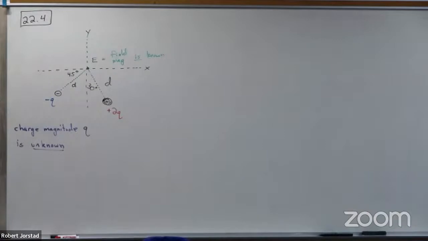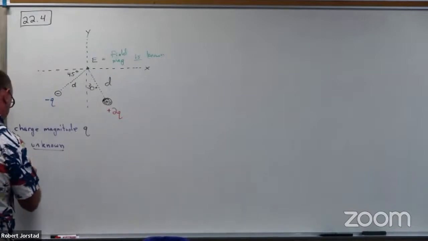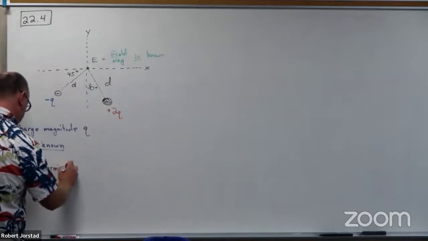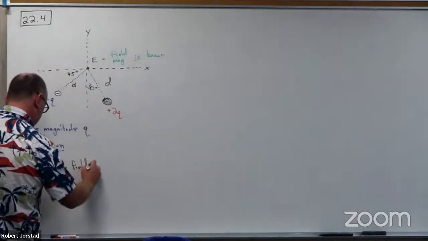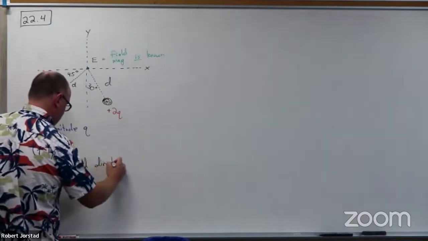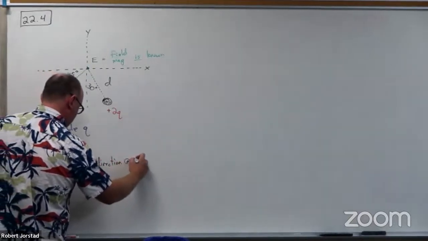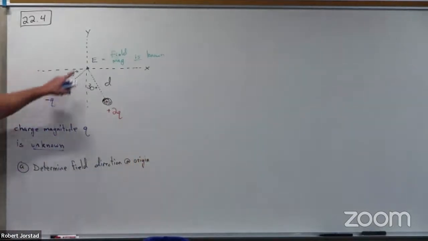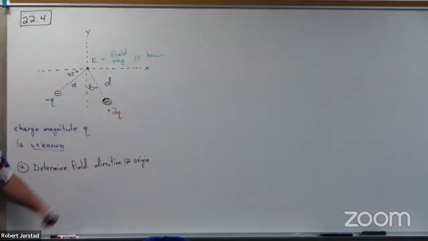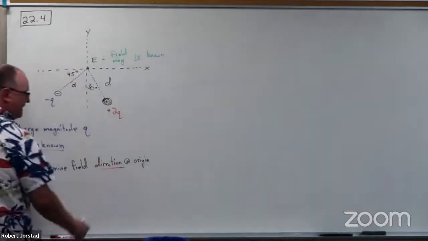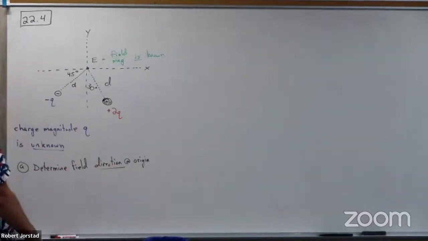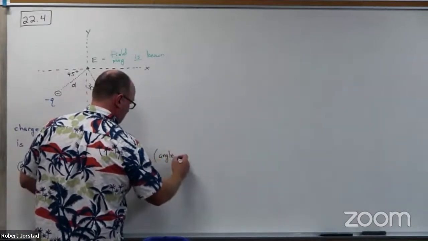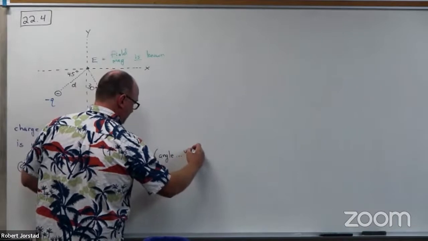Okay, so part A says, we know the size of the field, determine the direction at the origin. Now, typically, when I ask you for a direction, I'm expecting an angle, usually a number.